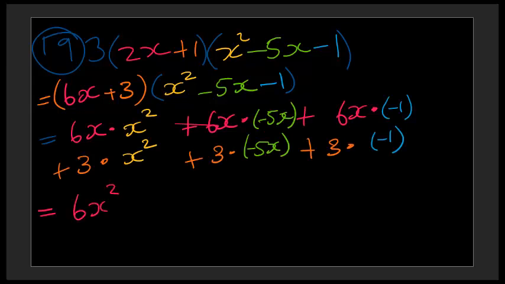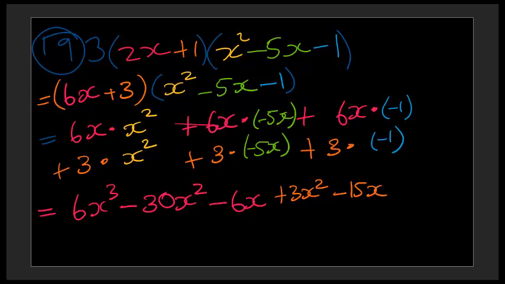So this becomes 6x cubed, minus times plus is minus 30x squared, minus 6x, plus 3x squared, minus 15x, minus 3. And then we're going to look for like terms.